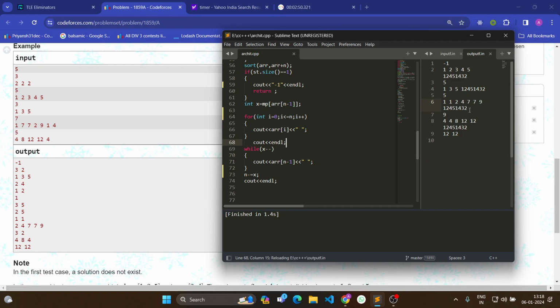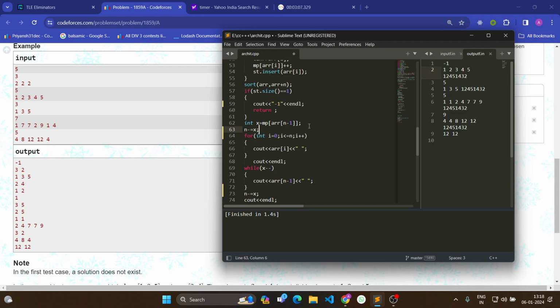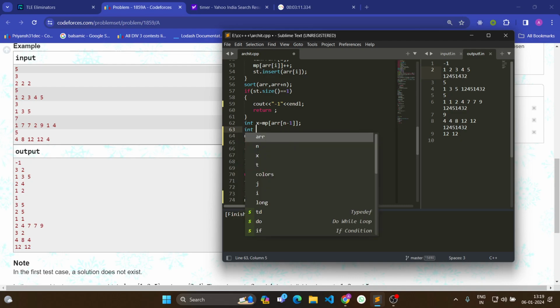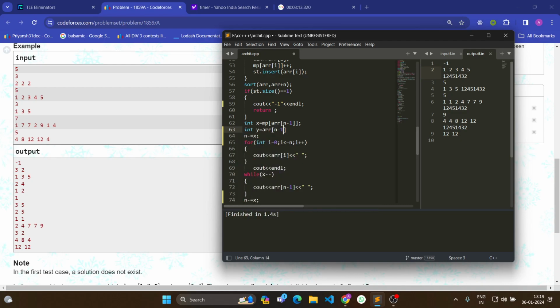What is this that I'm printing? Yeah, and hence equals to x, and I think I need to store this value. Int x equals to mp of arr of n minus 1. That means the count of arr of n minus 1. Let's also have int y, which will store the value of n minus 1, because I have to print that value now. So I can just print here y.